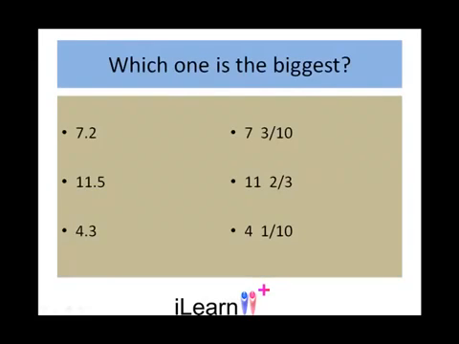Which one is the biggest? Is 7.2 bigger or smaller than 7 and 3/10?